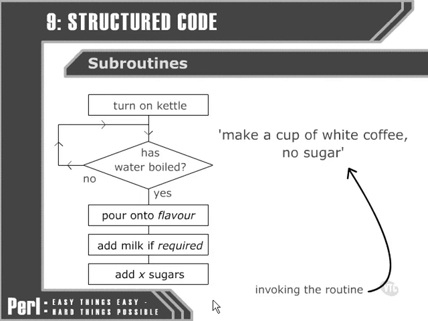We don't need to tell all the steps, we don't need to refer to turning on the kettle or boiling the water, we just have to refer to the general making a cup of something, and then all the rest is taken for granted. Similarly, with our routine here, we're able to use specific parameters, the flavor, the milk requirement, and the number of sugars, to reuse that same procedure.